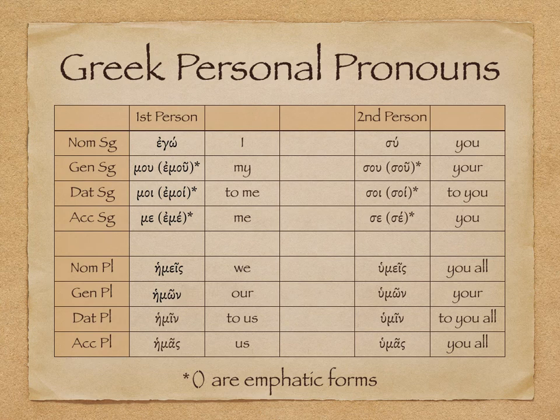Remember, first person is I or we, second person you, y'all, and third person is he, she, it, or them. Think of first, second, third person as sort of radiating out from you. I, you, he, she, or it. We, sort of radiating out from us, you all, them.